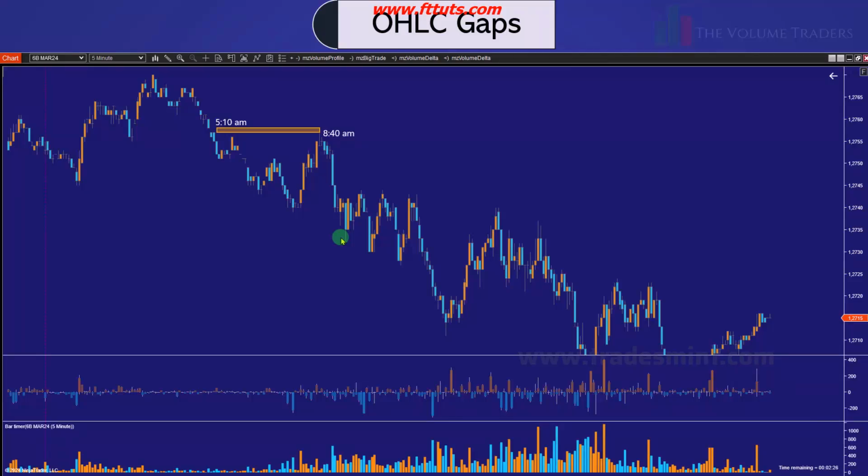I am looking for sharp areas or big areas where the candles didn't fill. And we can see this only on the futures chart, not on the normal candlestick chart delivered by the Forex broker, only on futures.